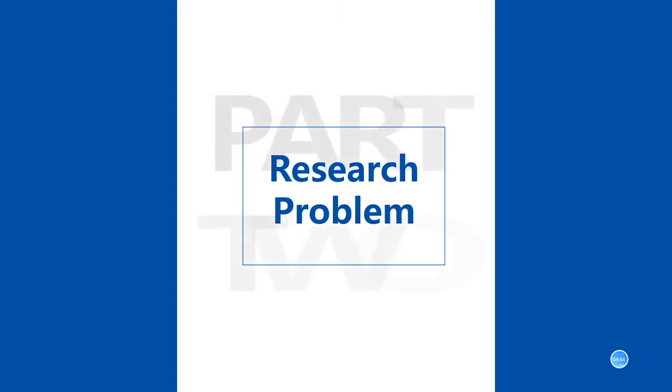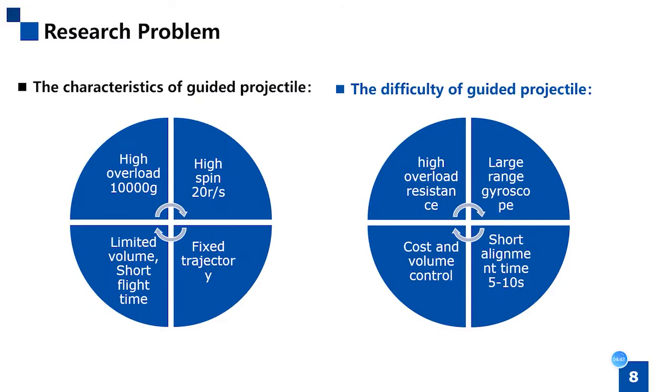The second part is the research problem. There are some characteristics after a guided projectile has been launched. First of all, the overload is no less than 10,000 G at the moment of launch.